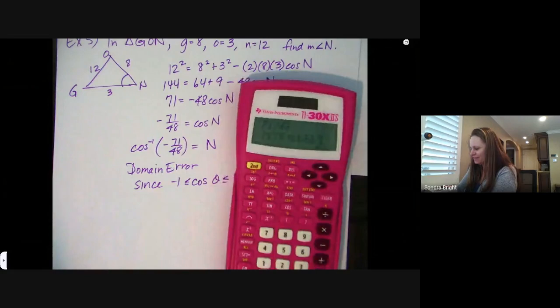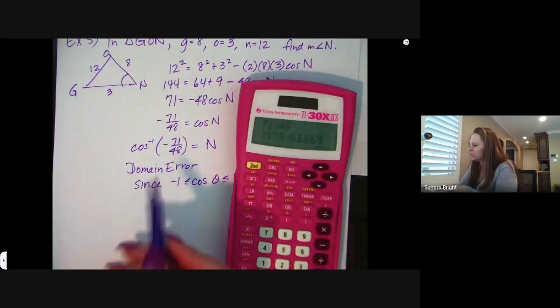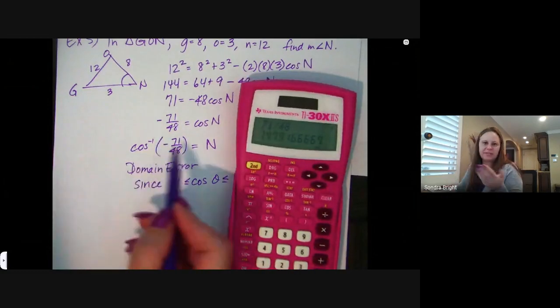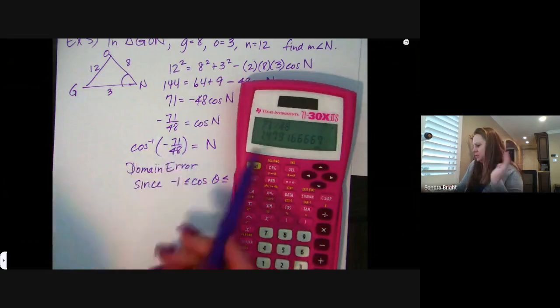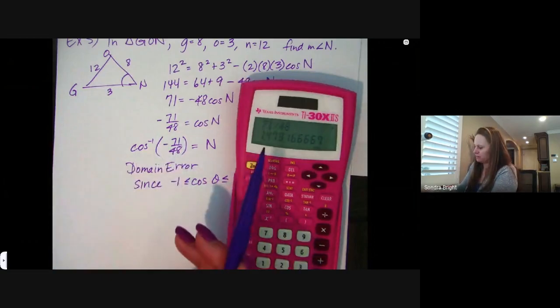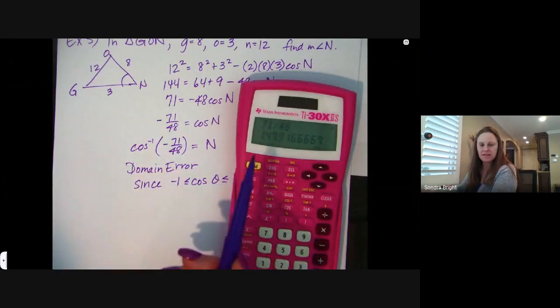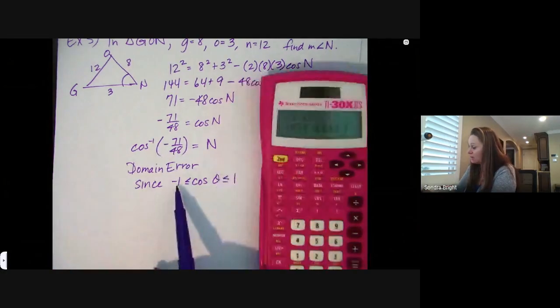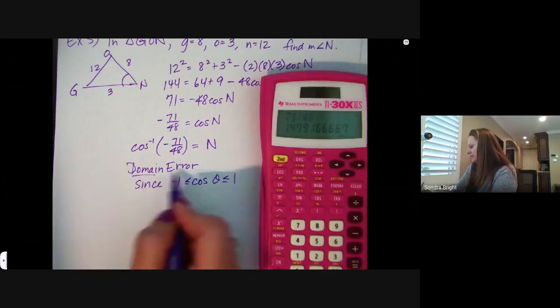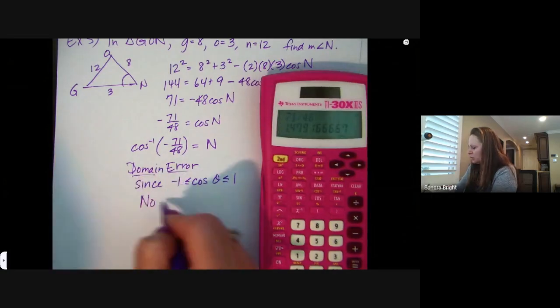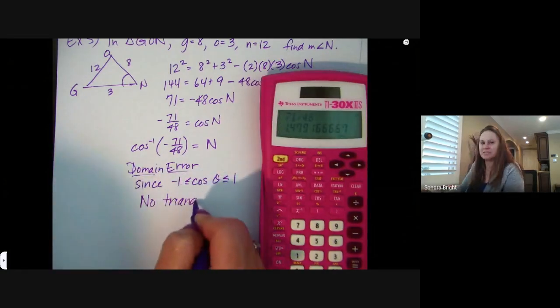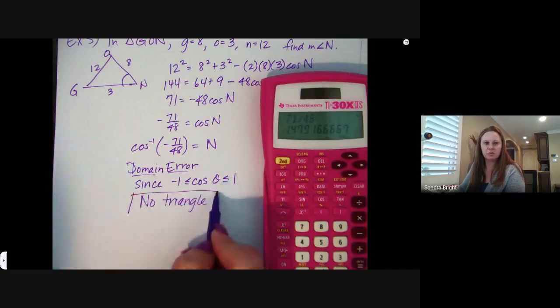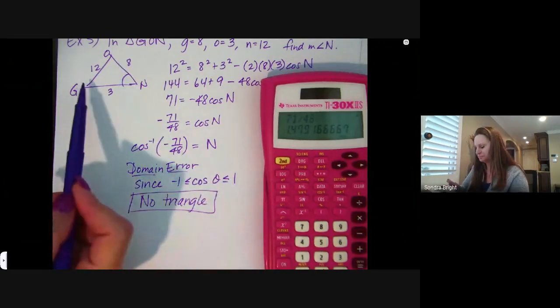So you were trying to find the angle whose cosine value is negative 1.48, right? Not possible, because the smallest it can be is negative 1. And so if you get a domain error, your answer is no triangle exists. No triangle will exist with sides 3, 8, and 12. It's not going to happen.